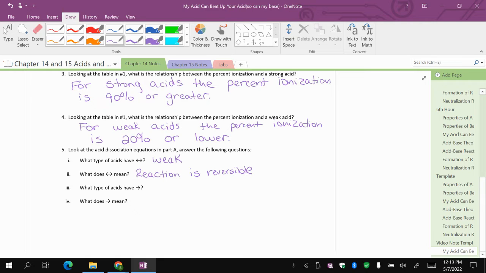And then acids that have an arrow in one direction are strong. And that means that the reaction only goes forward.